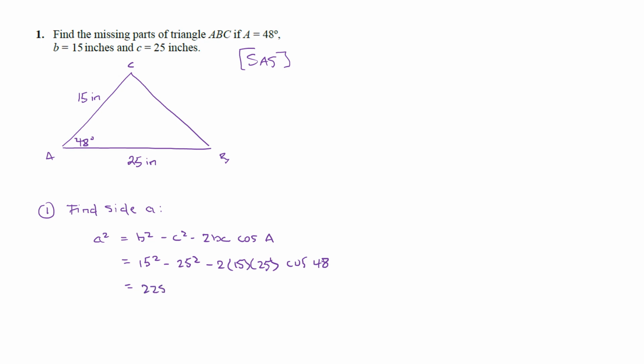Simplifying the terms, we get 225 plus 625 minus 750 times cosine 48 degrees.